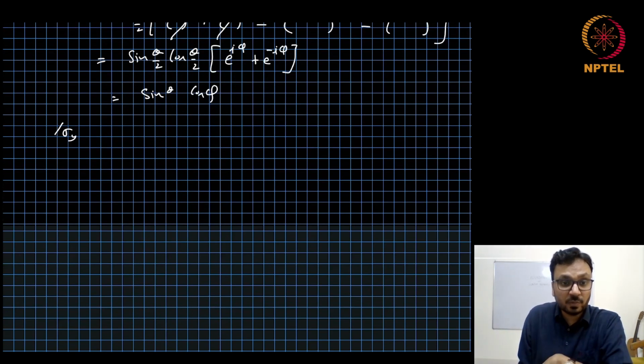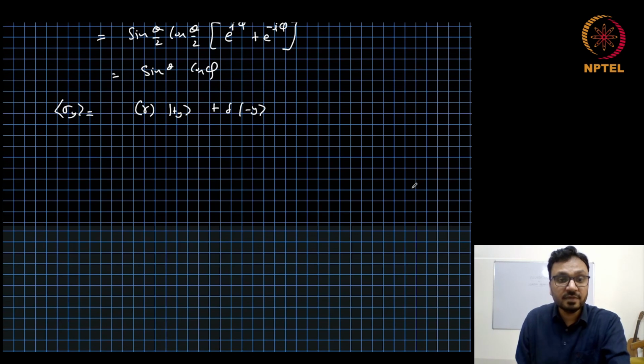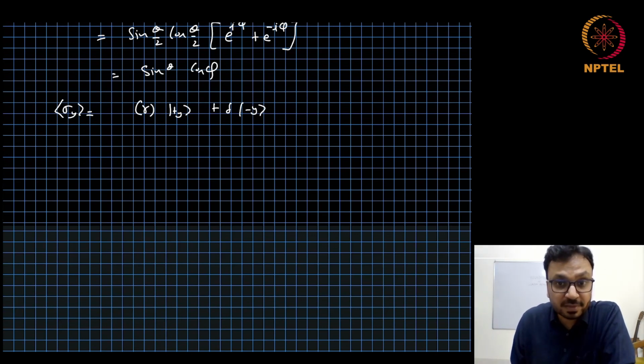Similarly, we can do this for sigma y. We can write it as gamma times plus y plus delta times minus y, where plus y and minus y are the eigenvectors of sigma y corresponding to plus and minus eigenvalues. Plus minus y is written as (0 plus minus i 1) over root 2.